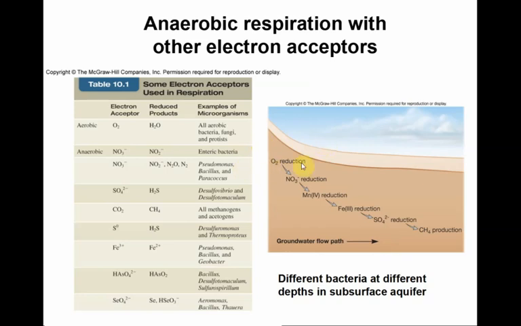And the bacteria will tend to use the best electron acceptors first. So the best one is nitrate, so that's going to be used up first by denitrifying bacteria. Then manganese, then iron, then sulfate, and then finally the worst electron acceptor is carbon dioxide. So this is really at the bottom of the chain, and this allows methanogens to produce methane.